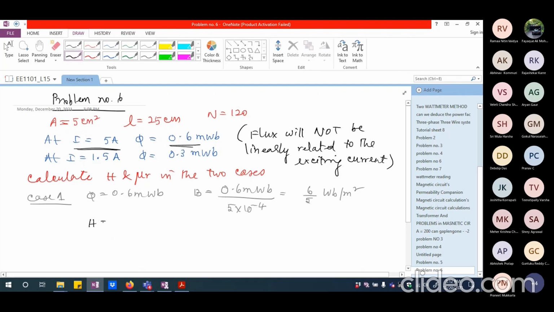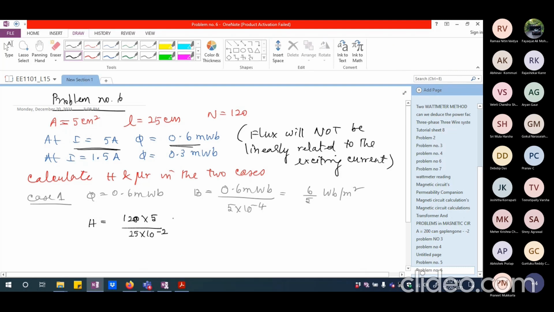And we can calculate what is H. H is Ni by L. So Ni is 120 multiplied by 5 ampere. That is mmf divided by L. L is 25 centimeter, 25 multiplied by 10 power minus 2. Right?